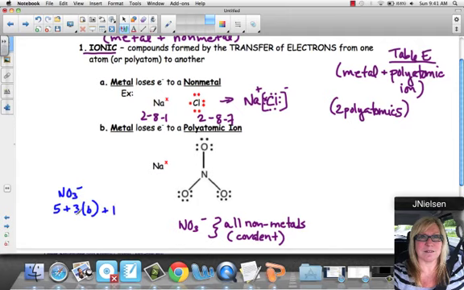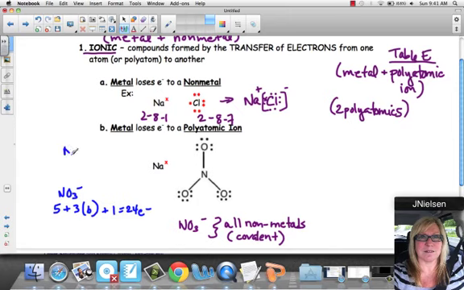So I've got 3 times 6, which is 18, plus 5, which is 23, plus 1 equals a total of 24 electrons. And remember, each atom wants 8. So how can I draw NO3- so that everybody's happy?